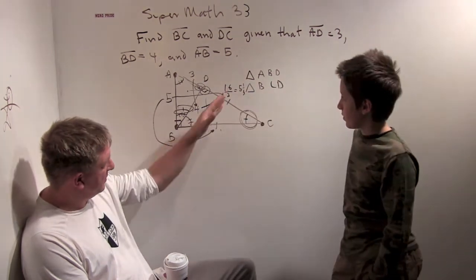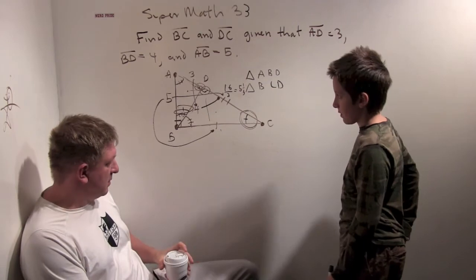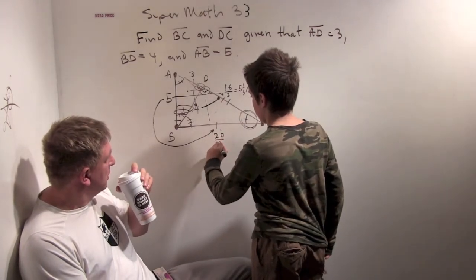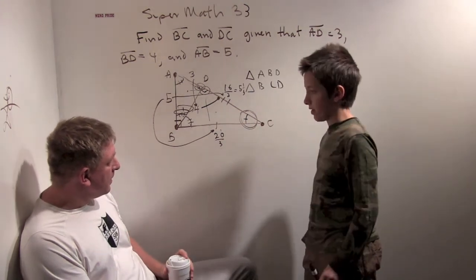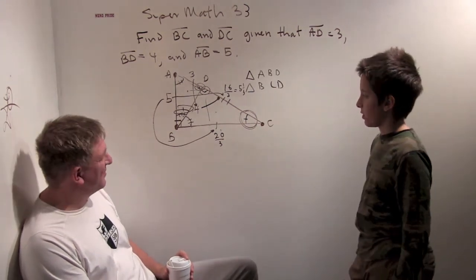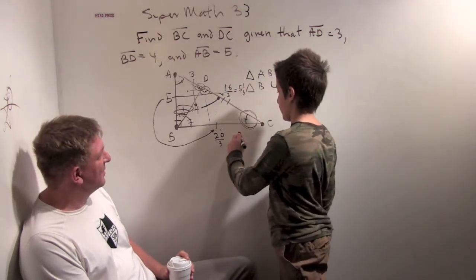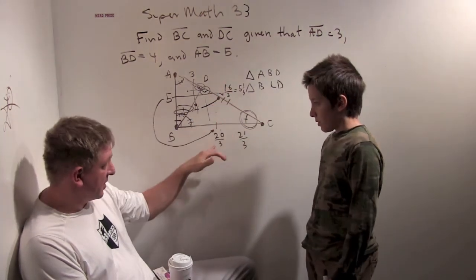Alright, it's okay to leave it at 16/3. And then 5 times 4/3 would be 20/3, which is pretty close to 7. Is it bigger than 7 or less than 7? It's a little less because 7 is 21/3. But it's okay to leave it as 16/3 and 20/3 because that's what it is.